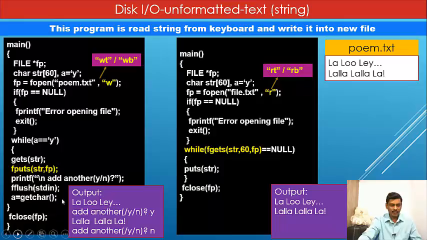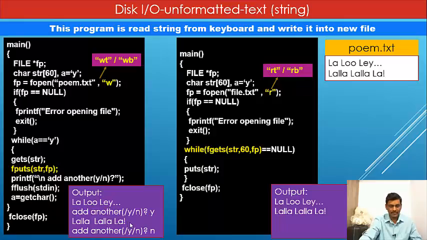Then at getchar, after add another y slash n, the cursor waits to get input. If we press y, that y is assigned to a, and the while loop continues. Again a is y, equal to y, the condition is true, and it gets another string, la la la la exclamatory symbol.